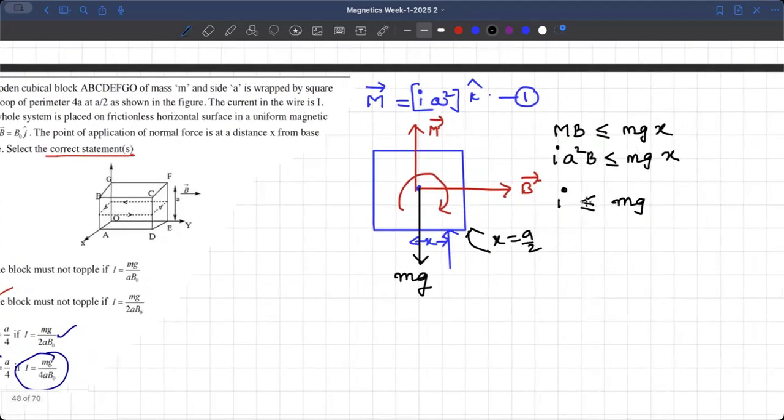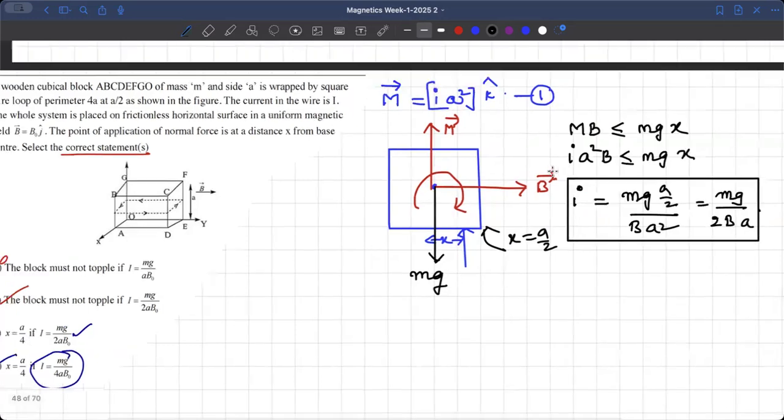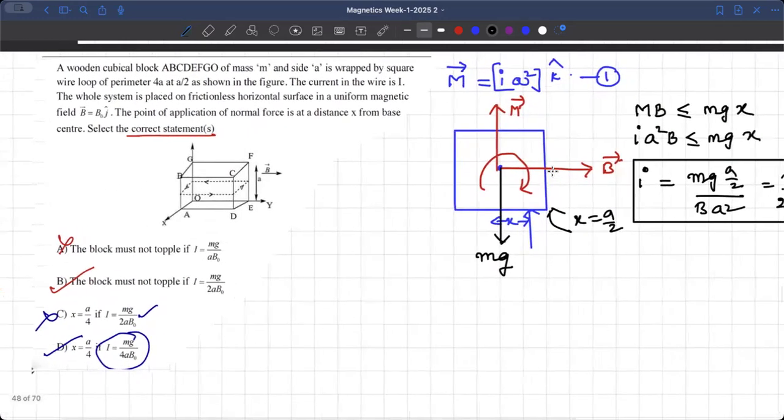So I is mg a by 2 by B a square, which is mg by 2Ba. Remember, this is the maximum current that you can pass through to avoid toppling.